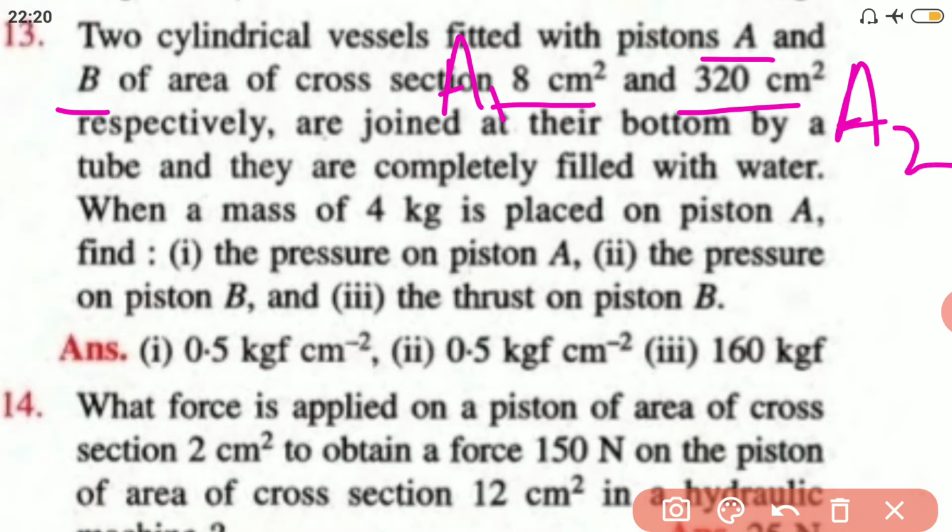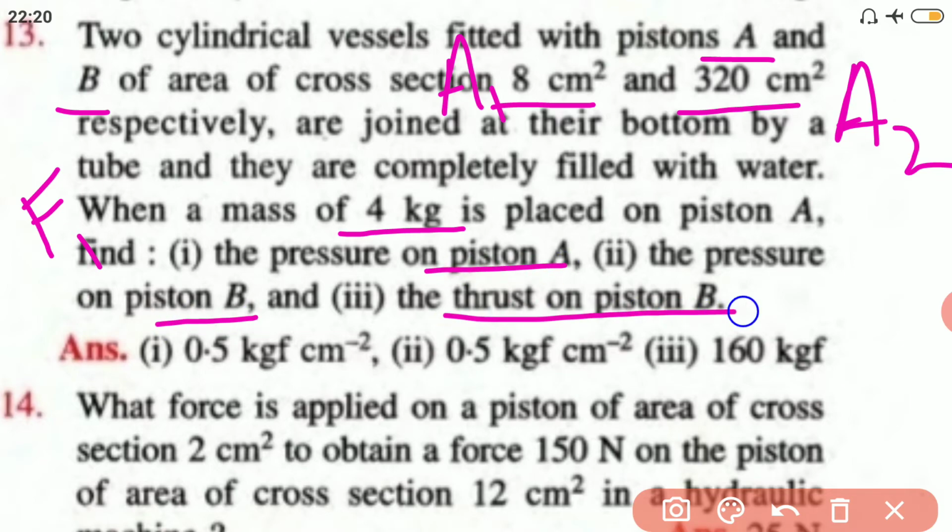They are respectively joined at their bottom by a tube, and they are completely filled with water. When a mass of 4 kg is placed on piston A, here mass is given, not the weight, neither the force, so with the help of this mass I am supposed to find F1, the smaller force. Find the pressure on piston A, the pressure on piston B, and the thrust on piston B. That is F2 here.